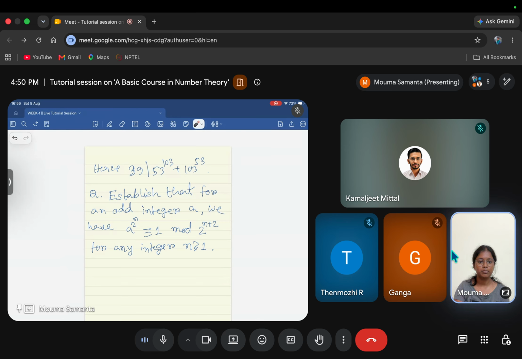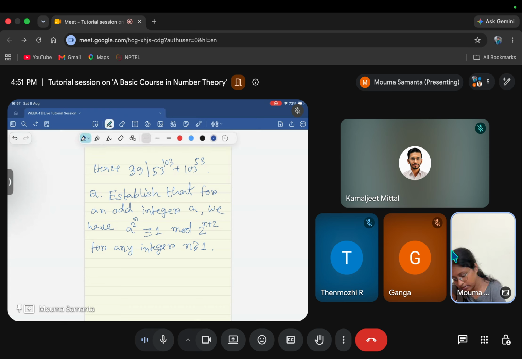In that tool there are two steps. First one is the base case, that is, show this is true for n equals 1. In the induction step, assume that the statement is true for all the integers 1 up to m. Then show that the statement is also true for the integer m plus 1. If you can show this one, then you can conclude it is true for any natural number n. So let's try the proof.